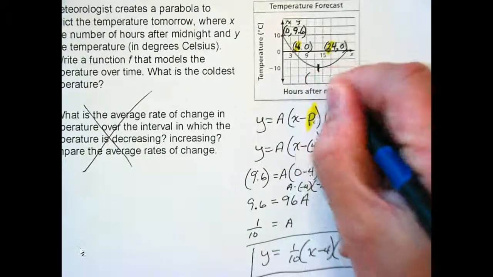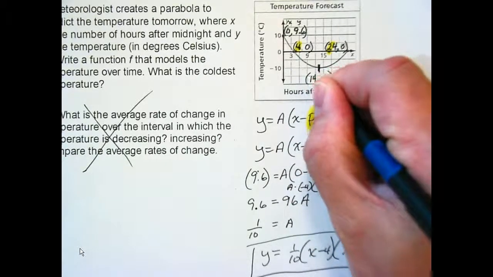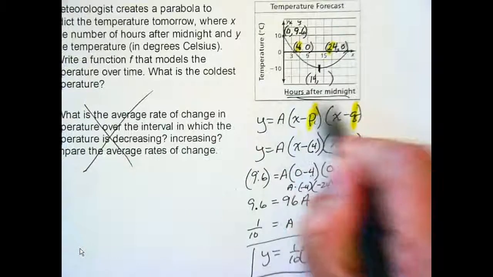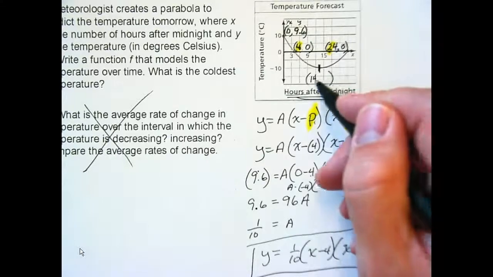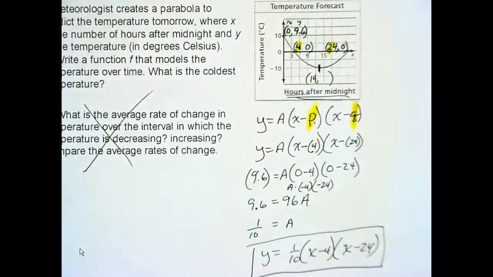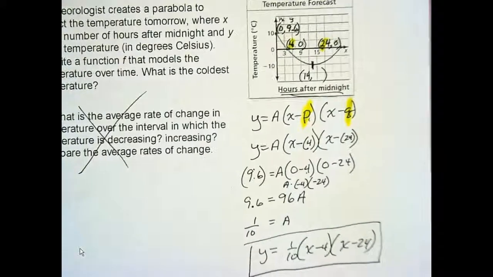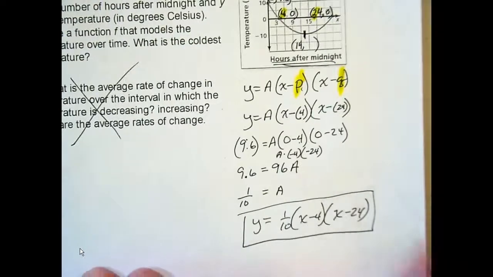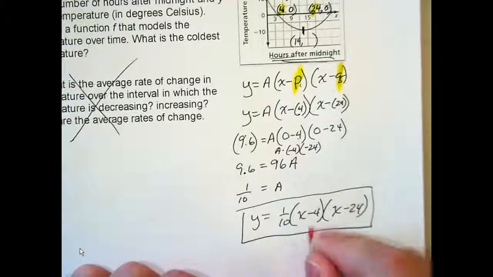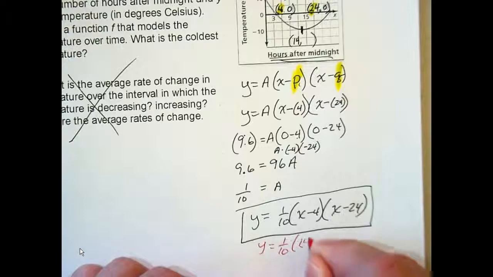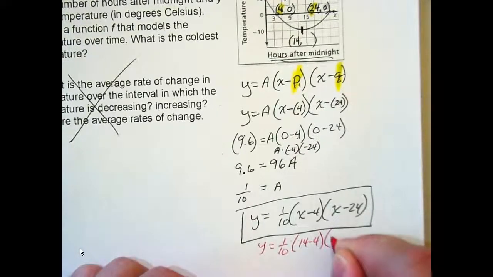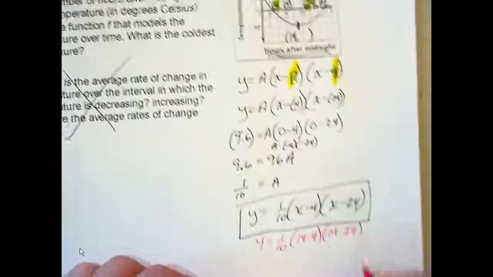This is 14. Now that 14 is hours. Is that what we're looking for? Oh, we're looking for temperature. So how do we find it using the 14? Josh? Good. Plug it in as an input here. So 14 minus 4, and 14 minus 24.